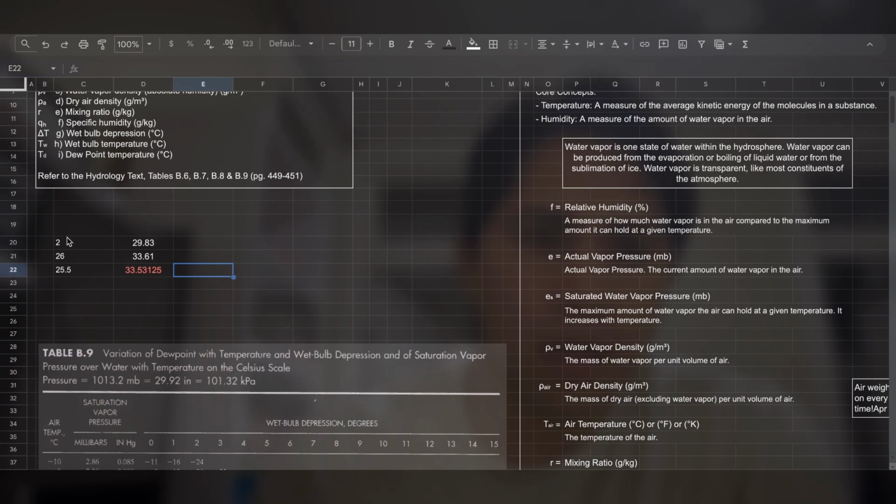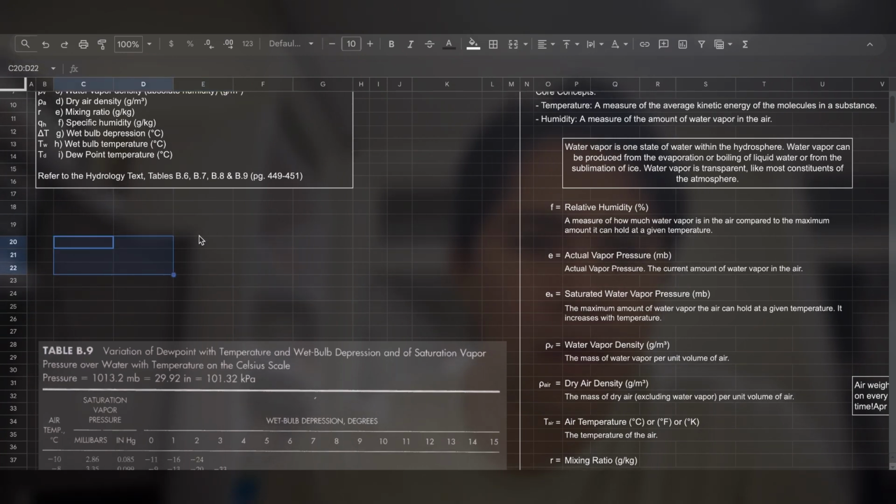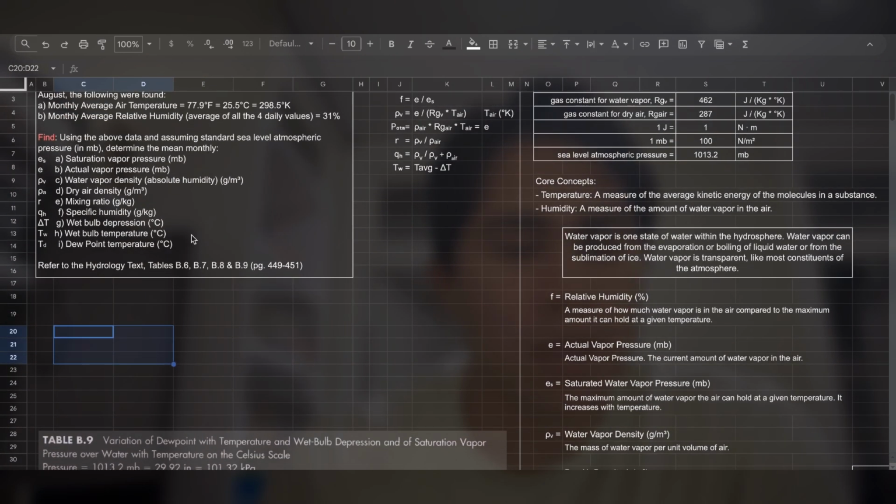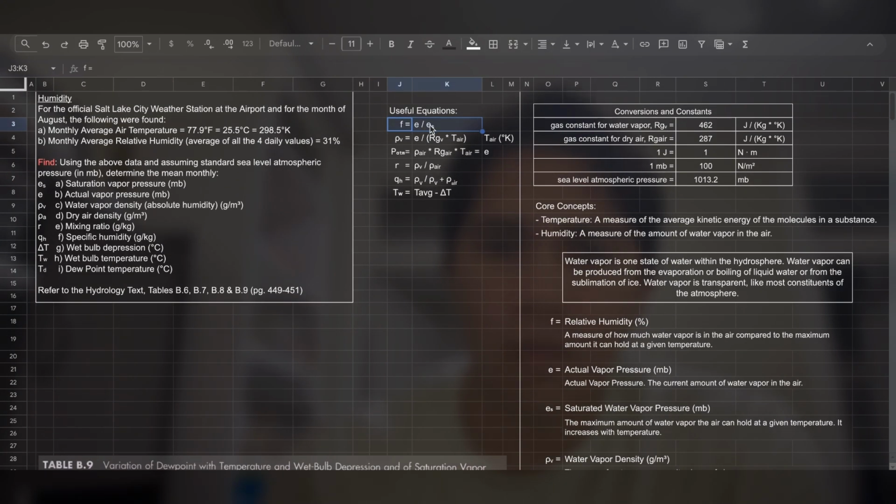Now let's delete all of this because we're going to need the space. Now part B, the actual vapor pressure, we're asked for that in millibars. To solve that, we're going to use this equation right up here. These are some of the useful equations that we're going to use to solve for these terms.